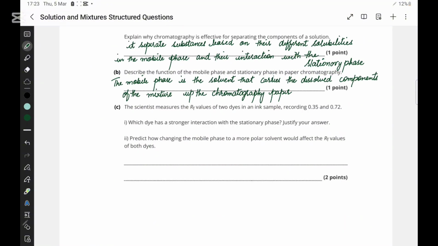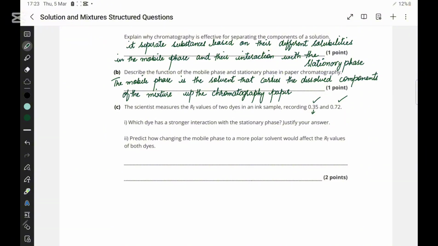The scientists measured the RF value of two dyes in an ink sample, recording 0.35 and 0.72. Remember, if it's 0.35, then that means it moves less, and that indicates it has stronger intermolecular force with the paper.